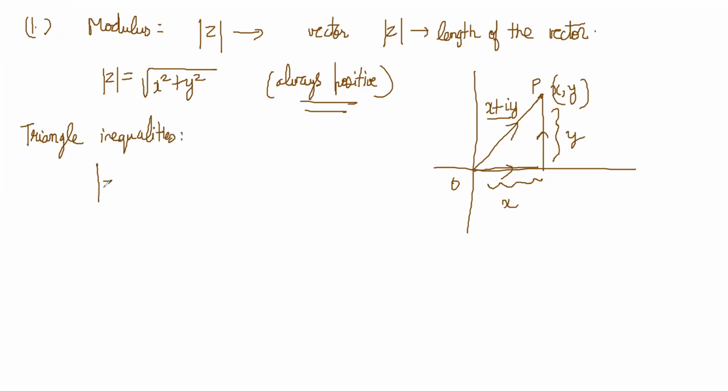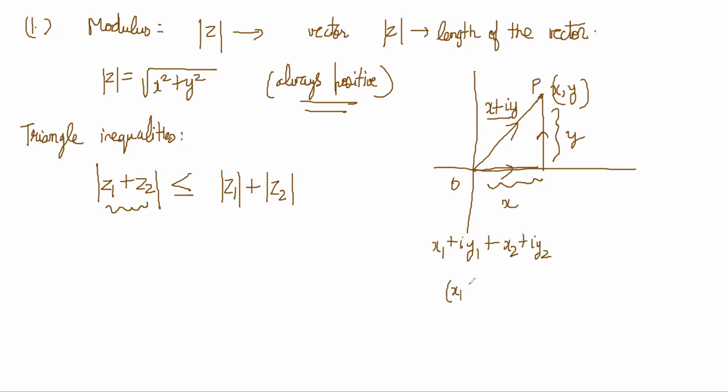Mod of z1 plus z2 will always be less than or equal to mod z1 plus mod z2. This should make sense because z1 plus z2 is x1 plus iy1 plus x2 plus iy2, and the addition becomes x1 plus x2 plus i times y1 plus y2.